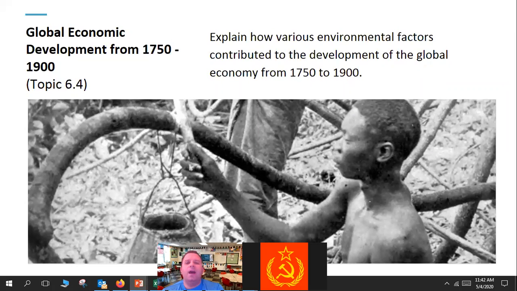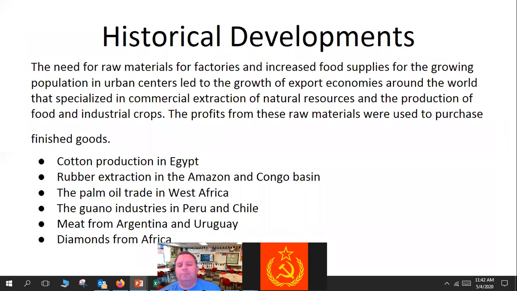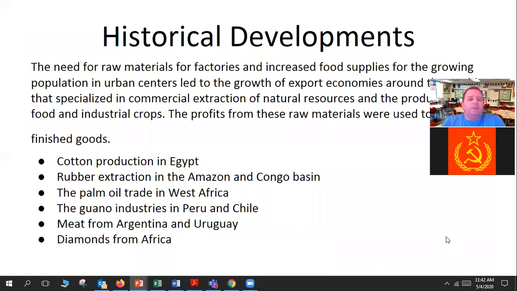And so, as we look at the environmental factors, as we begin to wrap this up, we know that these environmental factors are all going to center around natural resources. They're all going to center around a need for raw materials, which can then be manufactured.